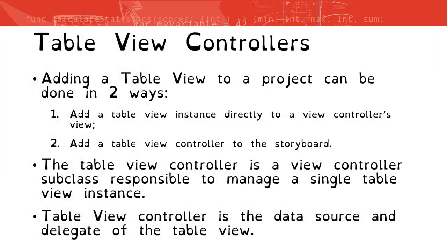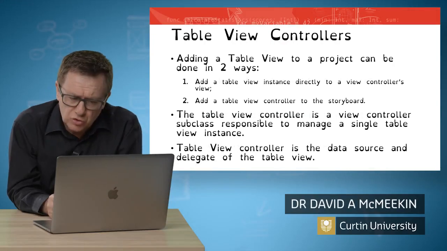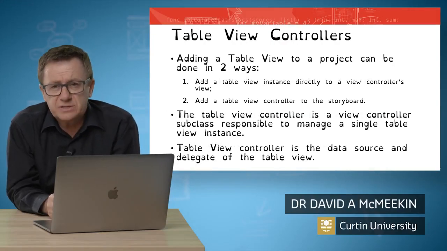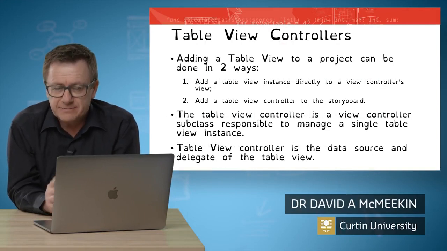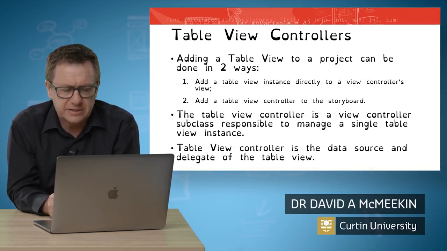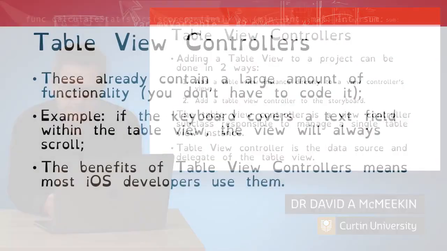So the table view controller is a subclass. It's a view controller subclass, and it has a responsibility to manage a single table view instance. The table view controller is the data source and the delegate. Hear that word? The delegate of the table view.